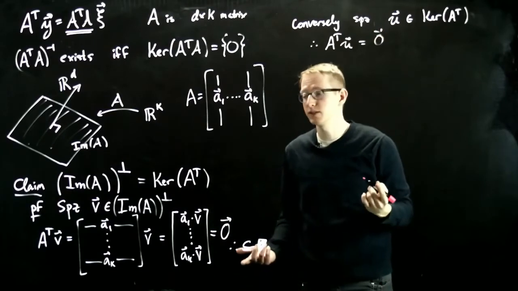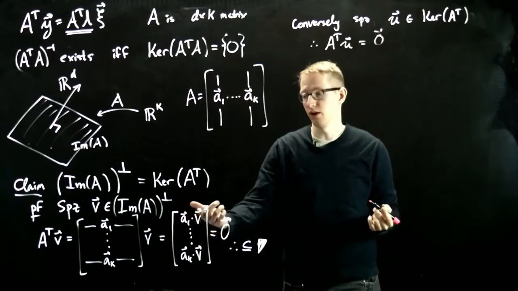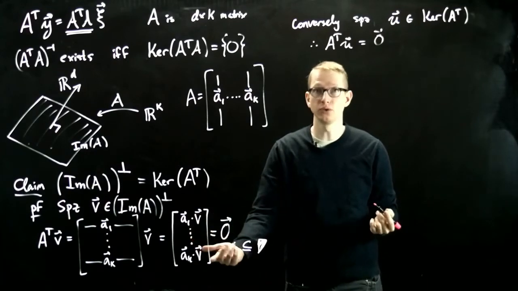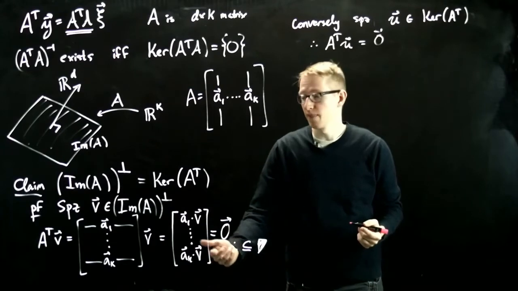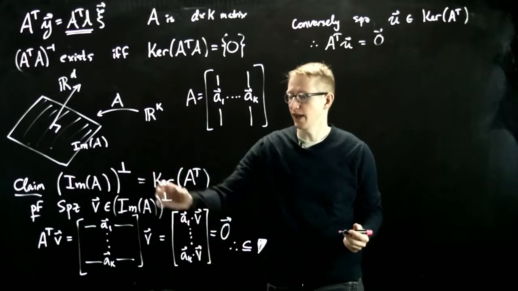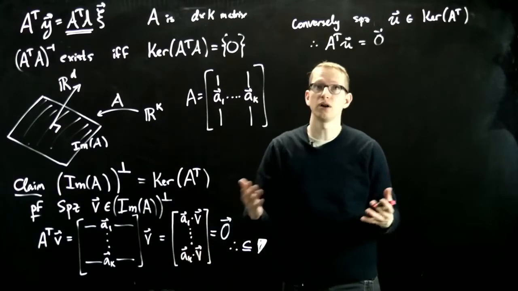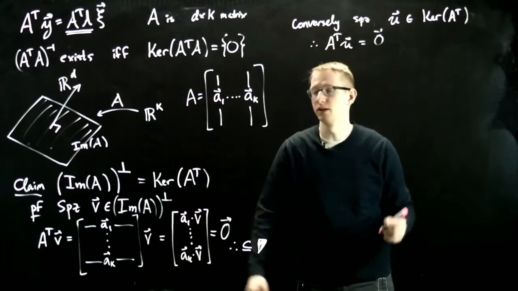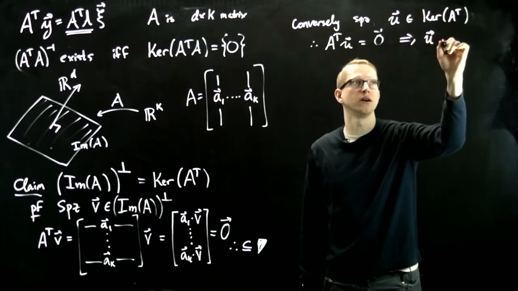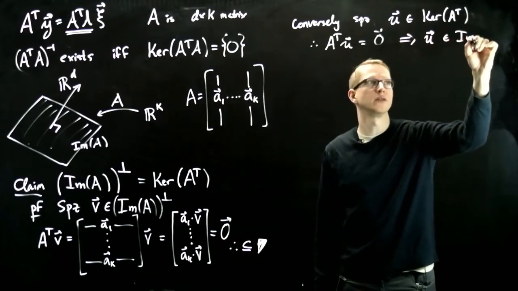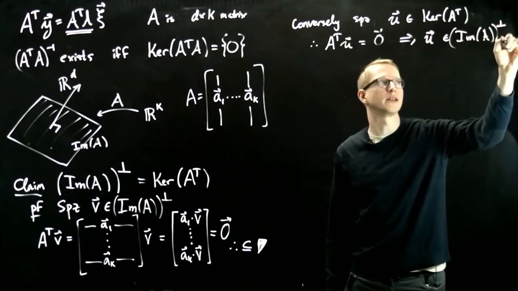But A transpose U is A1 dot U, all the way down to AK dot U. But the 0 vector says that all of those are 0. And because the image of A is spanned by the vectors A1 through AK, we know automatically, by the same exact argument, that U is perpendicular to the image of A. So it's almost the same argument, which is why I'm not writing it.